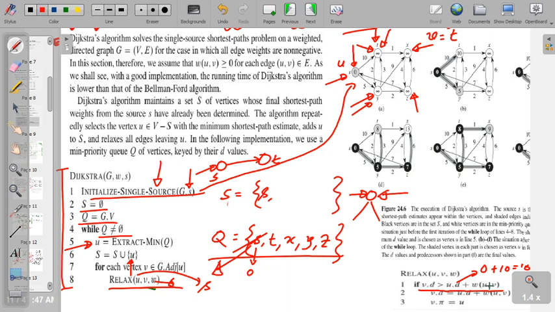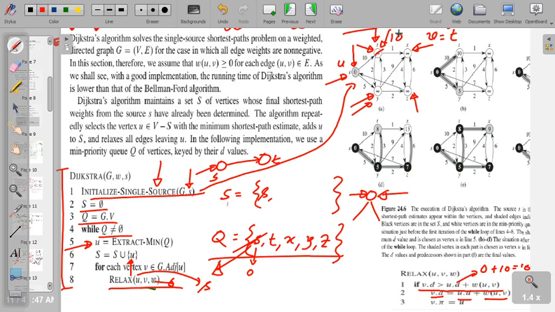So V dot D is greater than this 10, then what do I have to do? I have to update that V dot D, meaning T dot D. So from the source to T, I know I am having a path. And V dot D will be equal to U dot D plus WUV, that means 10. So this infinity now will be replaced with 10.